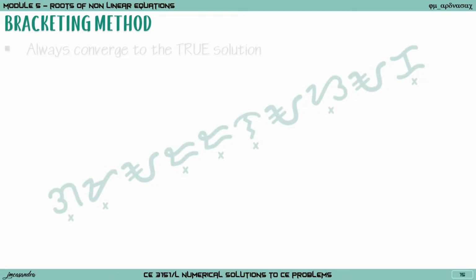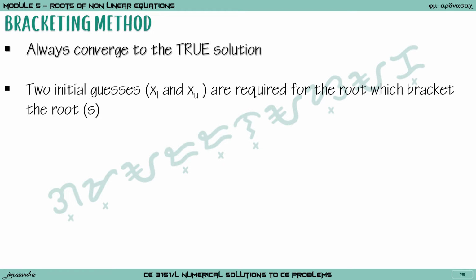So for the bracketing method, this is a method in which the assumed values of the unknowns will always converge to the true solution of an equation. We start off with two initial guesses, just like for the incremental search method. We have XL and XU, or the lower and upper limits of our bracket, which are required now for the root of the equation.